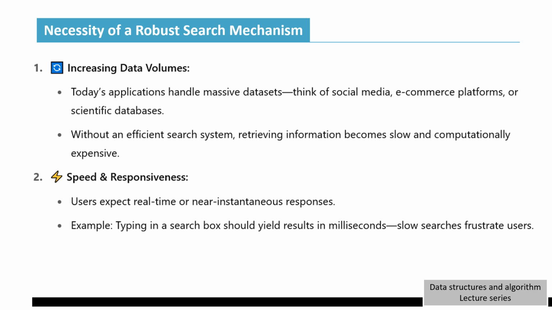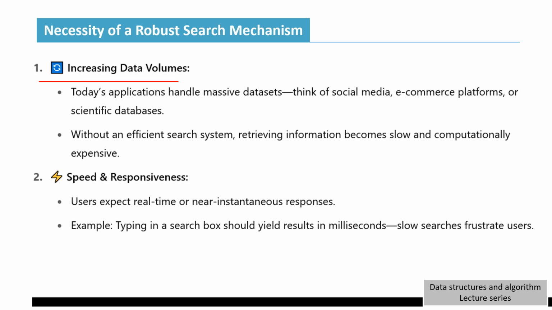Choosing the right method depends on the data structure, size of the data, and whether the data is sorted or not. So it is important to understand the strengths and weaknesses of each method. Why is it necessary to have a robust search mechanism?